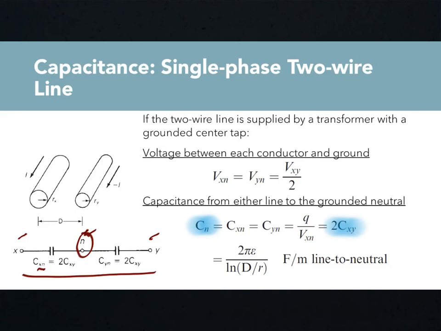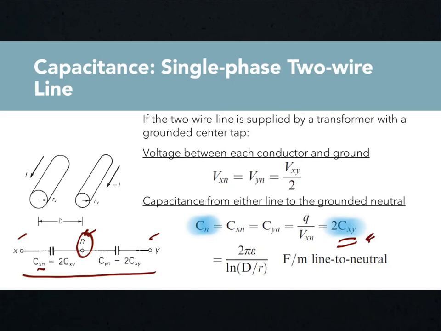What will happen is to arrive at this one, CXY. Remember, capacitance in series is treated as CXN times CYN over CXN plus CYN. Okay? So, when you simplify it, ito yung lalabas, CXN equals 2CXY.